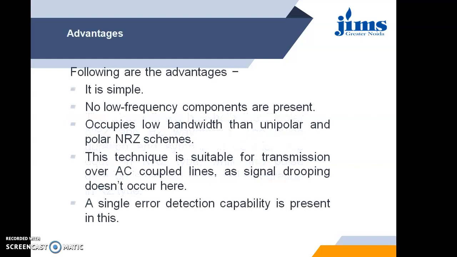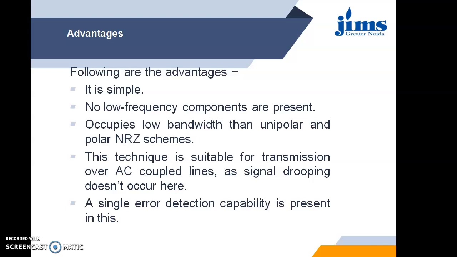Now the advantages of this bipolar RZ and NRZ technique are that it is simple, and no low frequency components are present. It occupies low bandwidth compared to unipolar and polar NRZ schemes. This technique is suitable for transmission over AC coupled lines, as signal dropping doesn't occur here.